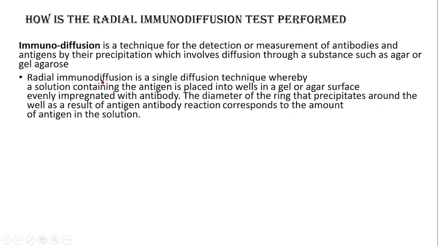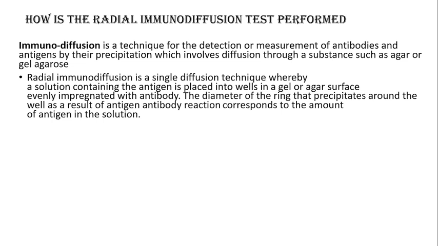So here they say radioimmunodiffusion is a single diffusion technique whereby a solution containing the antigen is pressed into a well in a gel or agar surface impregnated with the antibodies. The diameter of the ring that precipitates around the well as a result of the antibody reaction corresponds to the amount of the antigen in the solution. It means that there is a plate which contains agar or agarose impregnated with the antibodies.